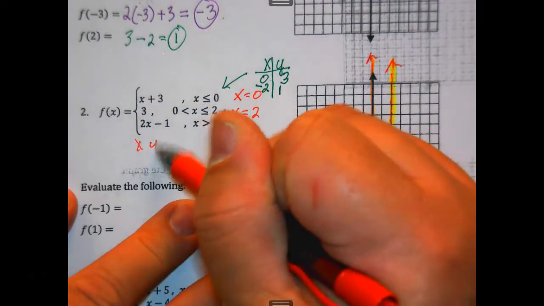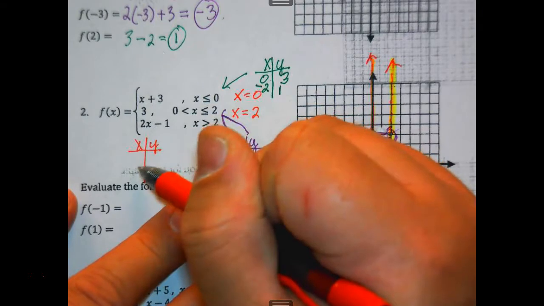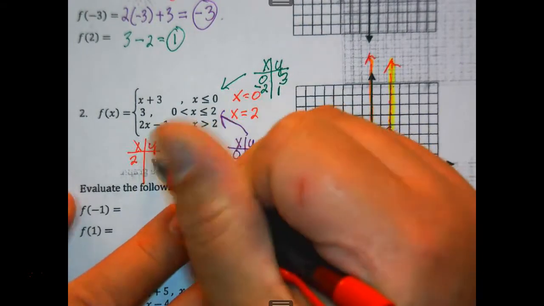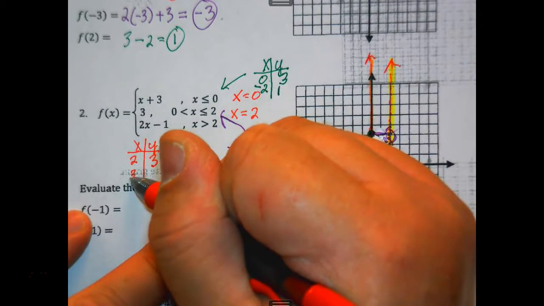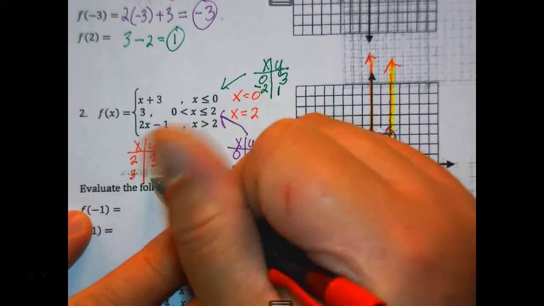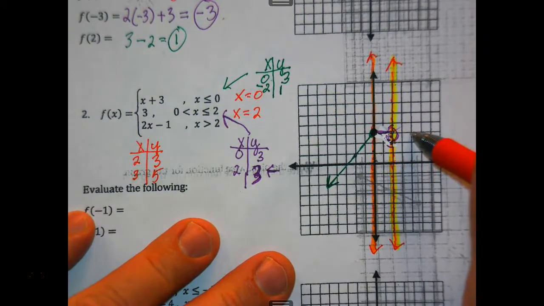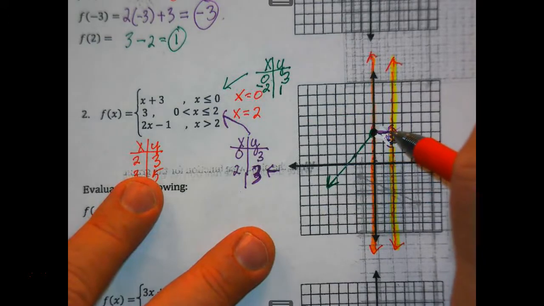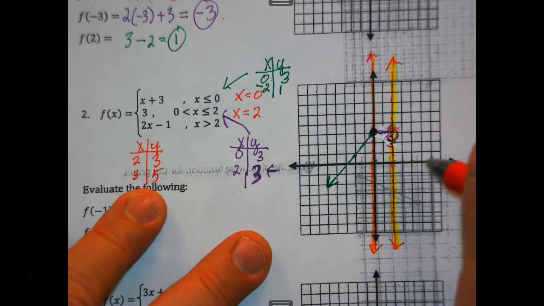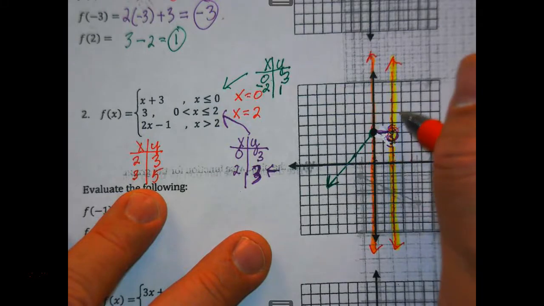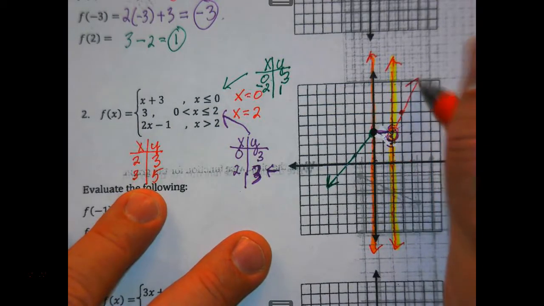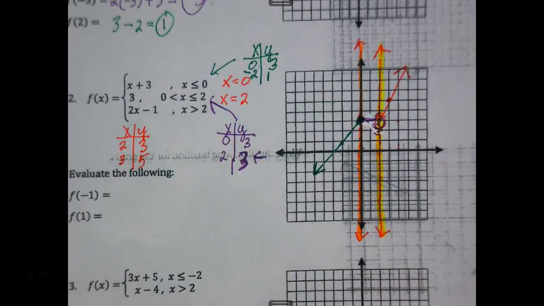If X, Y, I'm going to choose 2. I got 3. Then I'm going to choose 3 and get 5. And there's my graph. So, you guys should finish at least worksheet 1 tonight.